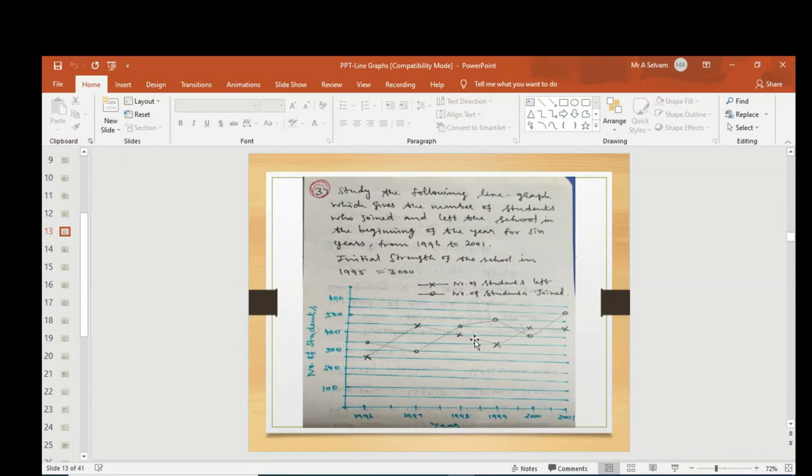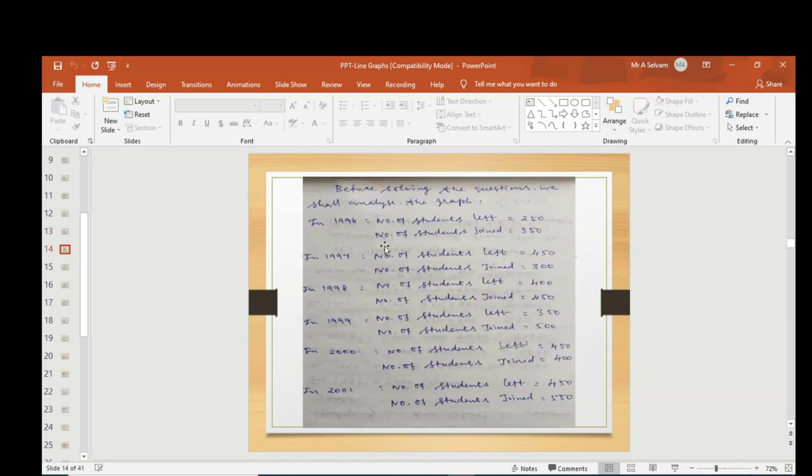In 1996, the number of students who have left is 250. At the same time, the number who have joined is 350. So, 1996: number of students left 250, number of students joined 350.